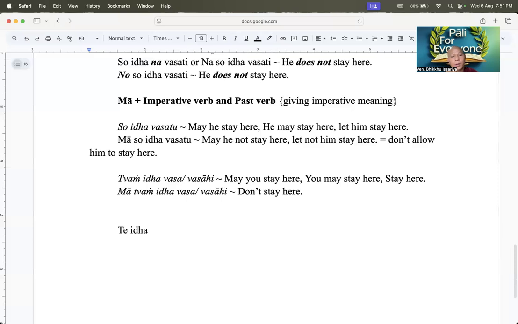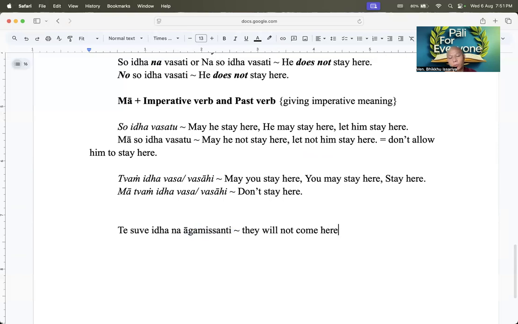te, maybe, sve or suve, idha na āgamissanti. So they, āgamissanti means will come, but because of na, will not come here.